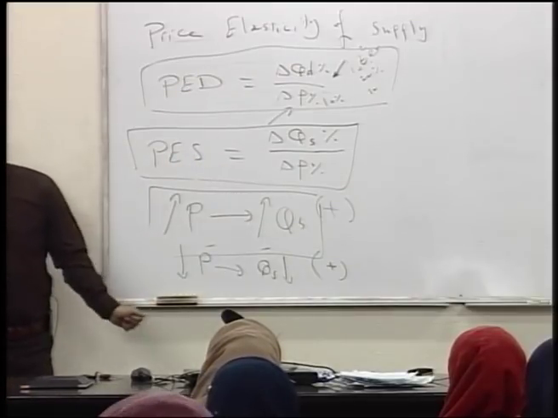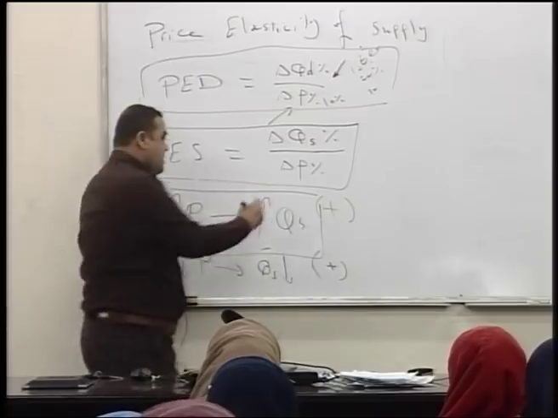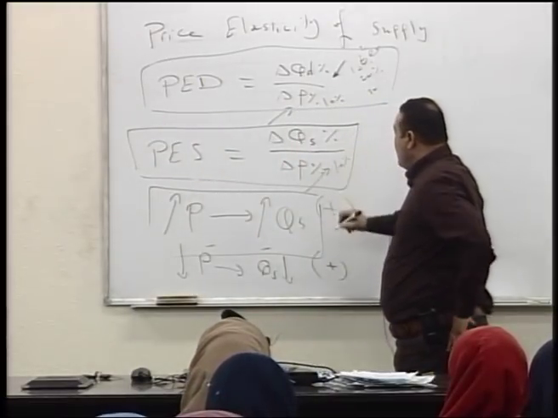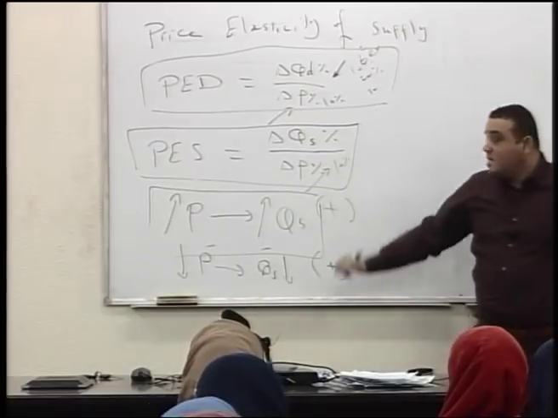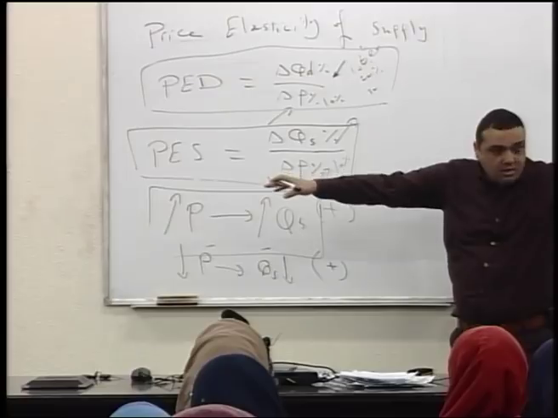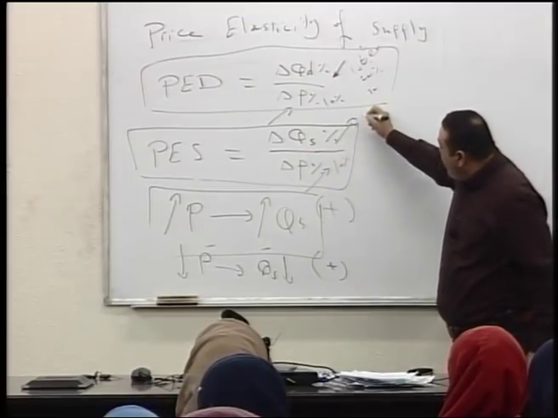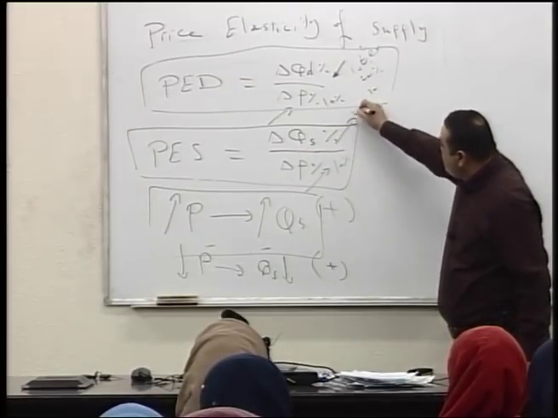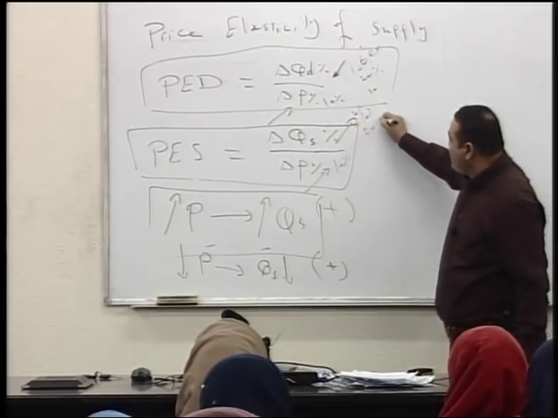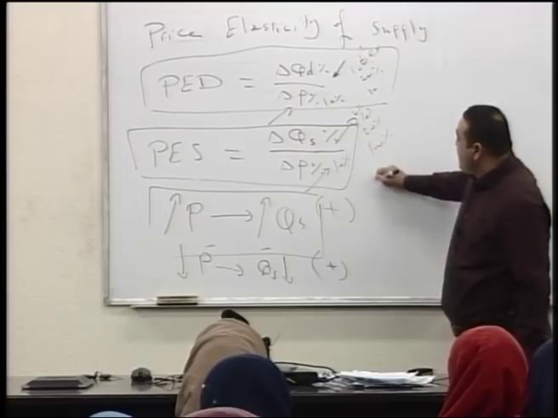When the price increases by 10% or 1%, what will happen to the quantity supplied? It increases in general. Maybe by 10%, maybe by 2%, maybe by 3%, maybe by 20%, maybe 100%, maybe by 0.